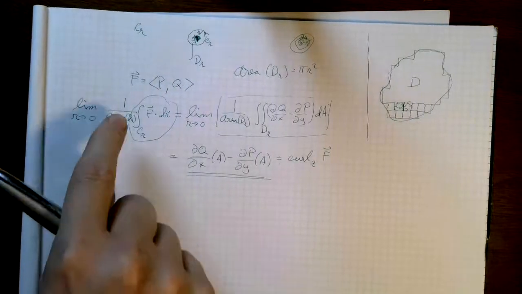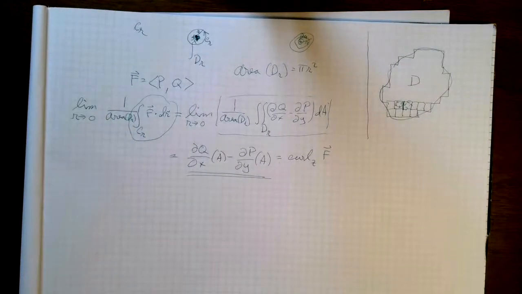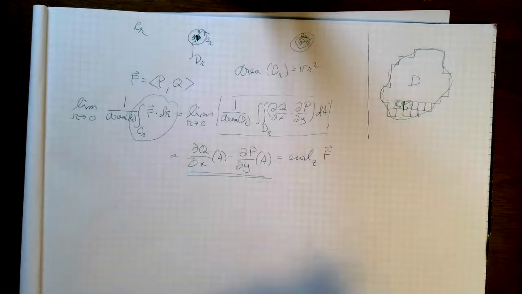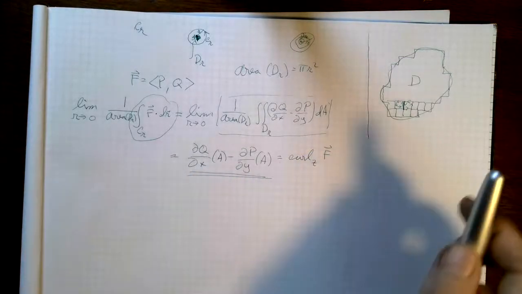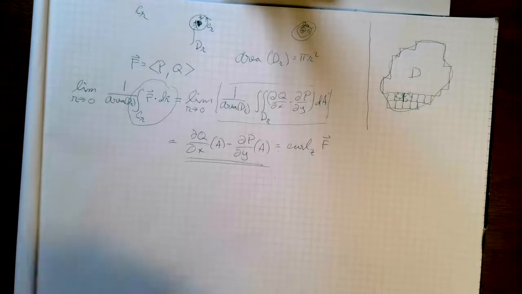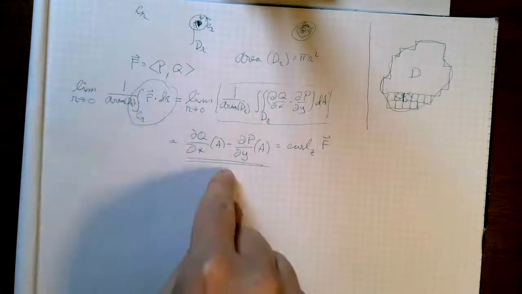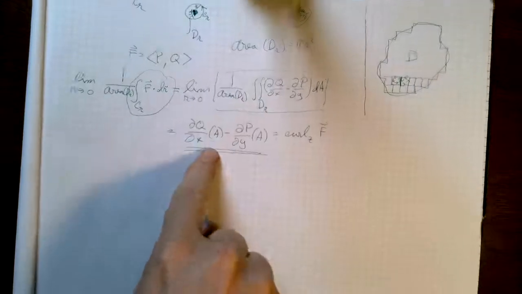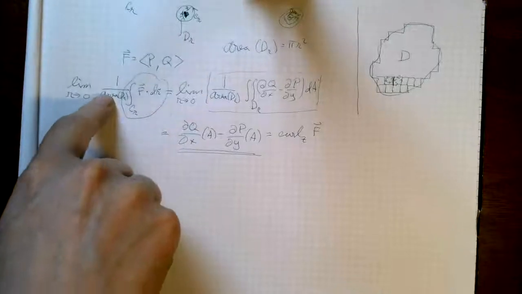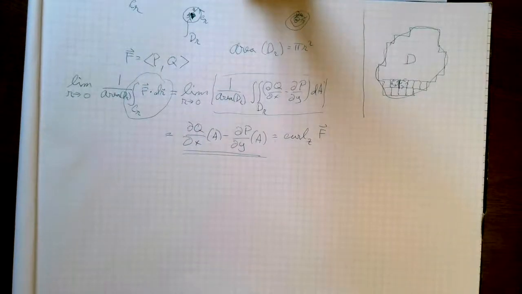That's telling you how stuff circulates locally. That is the actual interpretation. If I have some formula, I can compute this, but just being able to compute something without knowing what it is that you're computing, well, that's kind of pointless, right? So Green's theorem tells you that this formula, which is easy to compute, computes this thing, which is what you want to compute. All right, so we'll do more on Green's next time.